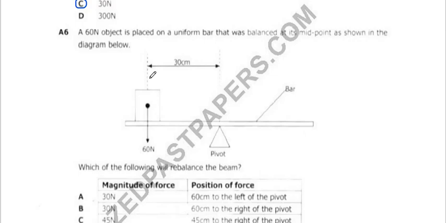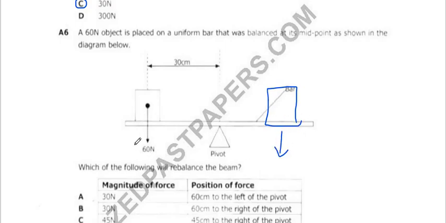So this 60 newtons force will try to push this bar down, anti-clockwise, but for it to remain steady we should have another force that will push this bar clockwise. We need to have another object of a certain force which is going to push it down clockwise.